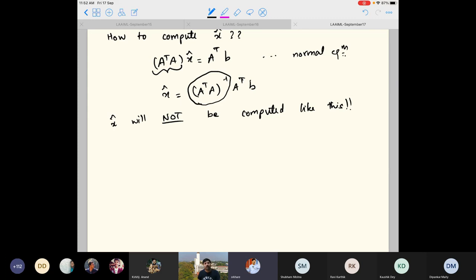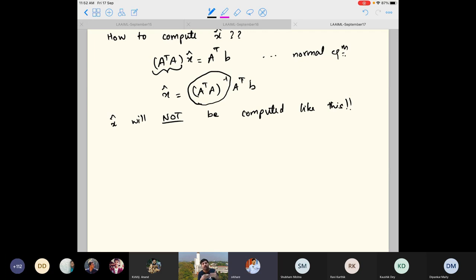You will use some other decompositions that we had seen, and using those decompositions, you will solve this system of linear equations. Whenever you see a system of linear equations, even if it is A transpose A x hat equal to A transpose B, you do not actually compute A transpose A inverse.